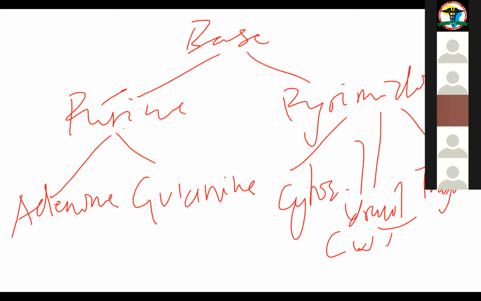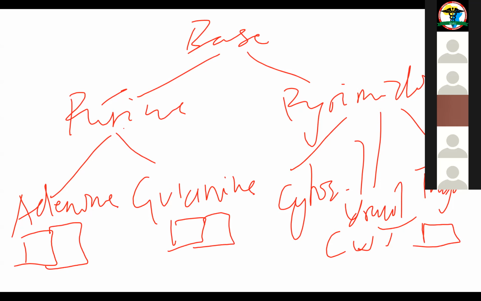You really don't need to know the structure. But the one thing you have to know that is very important is that purines have 2 rings, while pyrimidines have only 1 single ring. Do you understand? So the bases are nitrogenous.